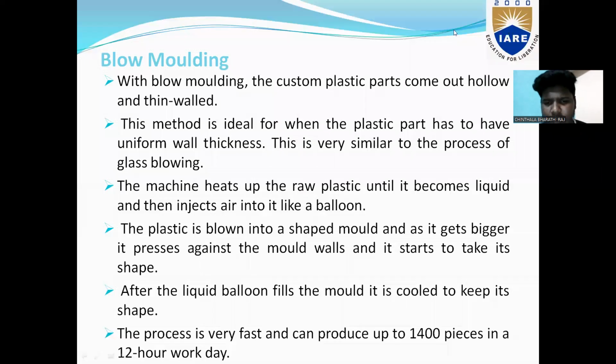After the liquid balloon fills the mold, it is cooled to keep its shape. The process is very fast and can produce up to 1400 pieces in 12 hours of work per day.